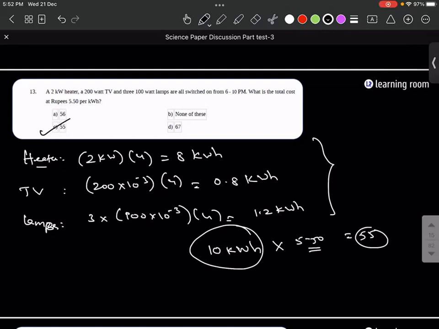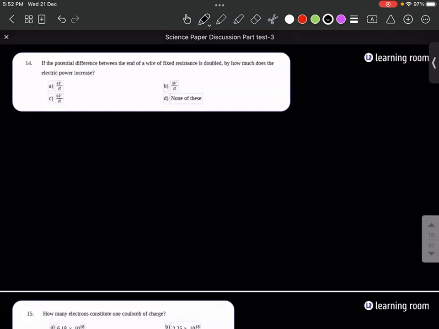Okay. Say the potential difference between the ends of a wire of fixed resistance is doubled, then what will happen to the electric power?